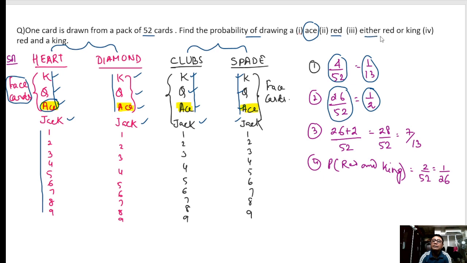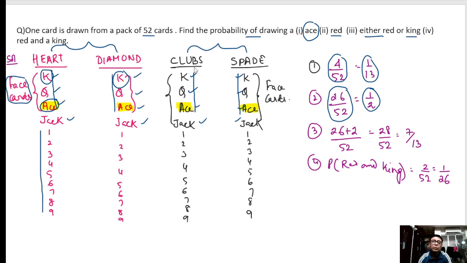Next, they are telling either red or king. You can have either red, which is 26 cards, or a king. Now in the red you have already chosen the king. So in the 26 red cards, and you can have king also.